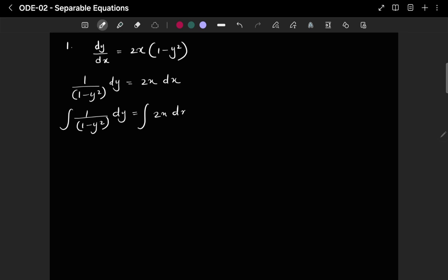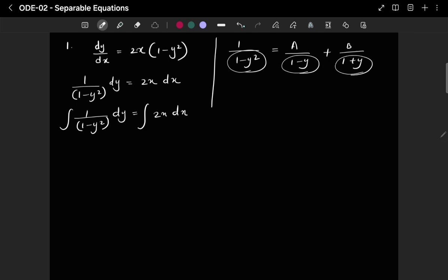To integrate this, we can go for partial fractions. 1 over (1 minus y squared) can be written as a over (1 minus y) plus b over (1 plus y). I'm not going to describe how to take partial fractions. Hope you know that 1 minus y squared can be written as (1 minus y) into (1 plus y), and this is the method we can use to write the partial fractions.